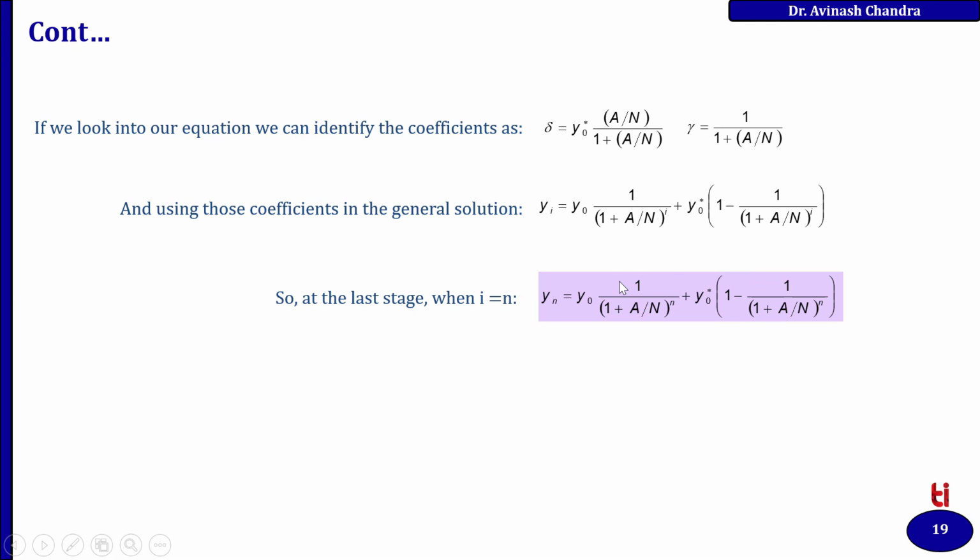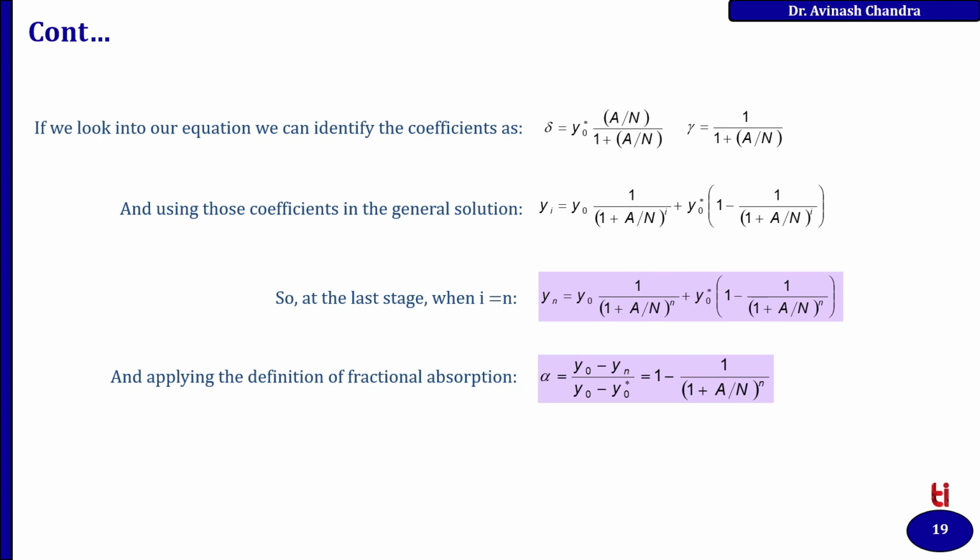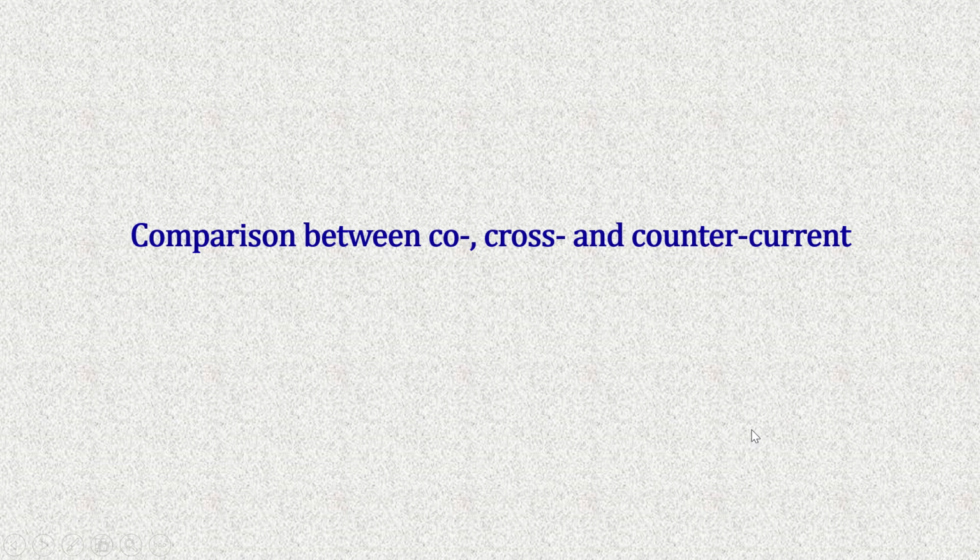At the last stage, yn will be calculated using this formula. And applying the definition of fractional absorption, (y naught minus yn) upon (y naught minus y naught star) can be written as 1 minus 1 upon (1 plus A upon n) to the power n.